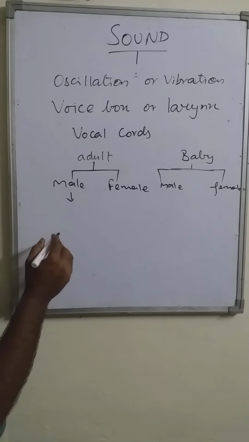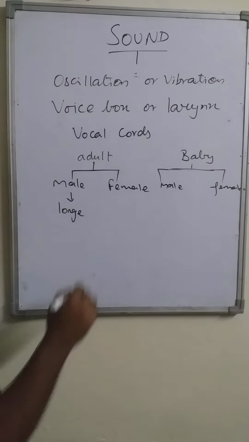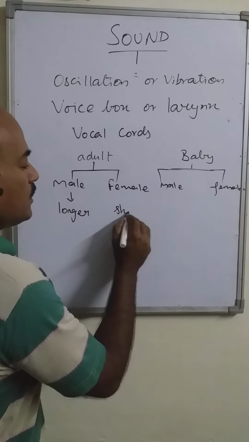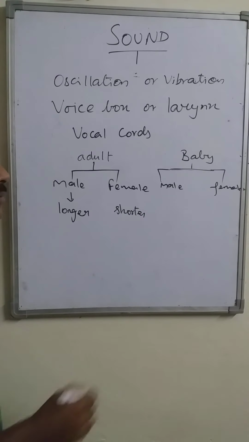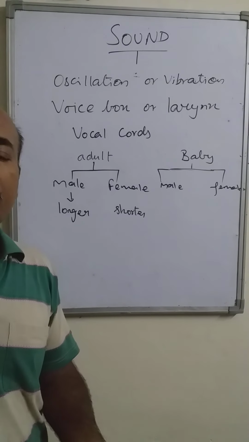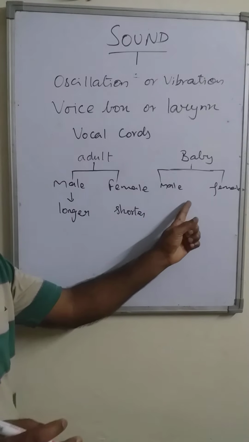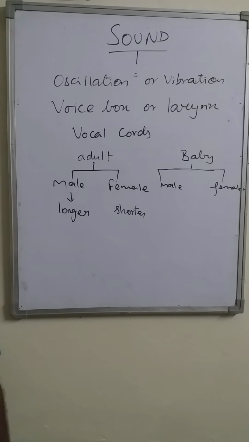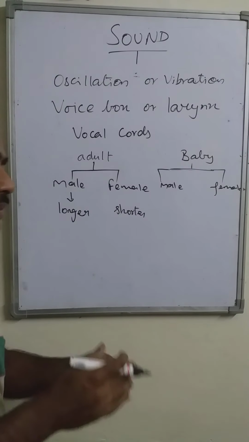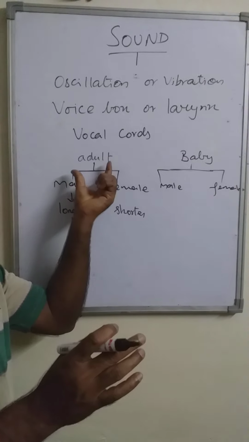In male adult, the length is longer; in female adult, shorter. In babies, because of their size, obviously the length will be shorter. For both male and female baby, definitely the length of vocal cord will be shorter than the adult, grown person.